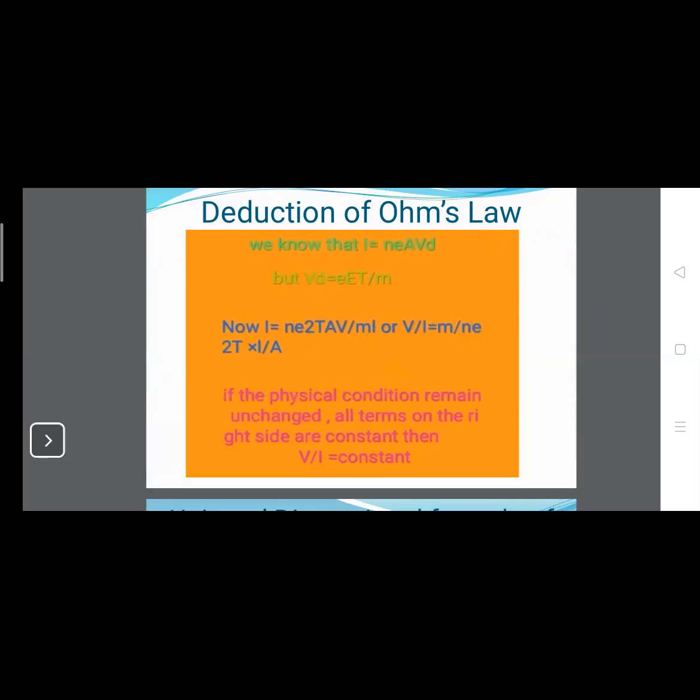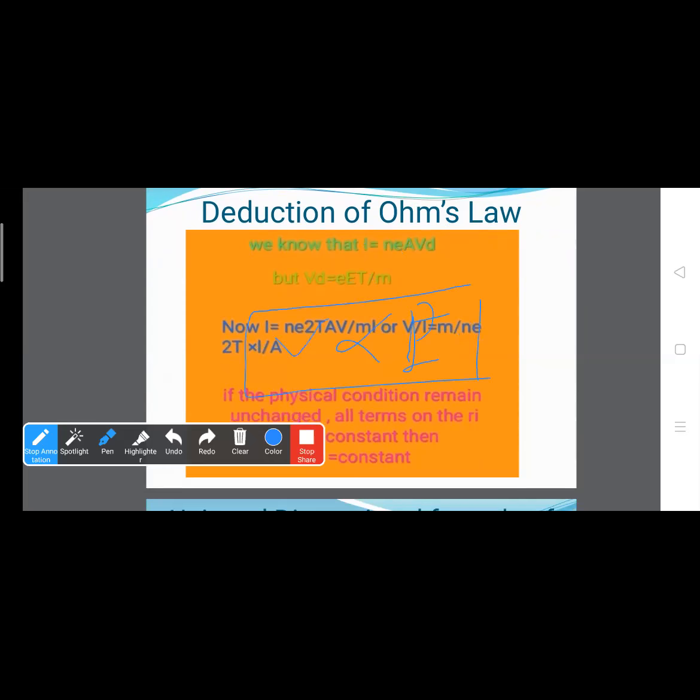Now there is another familiar form of Ohm's law which relates the current density vector and the electric field. According to this, J vector is directly proportional to E vector. Now J vector upon E vector is sigma.